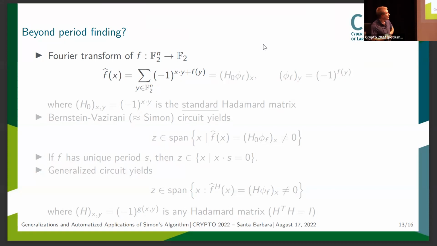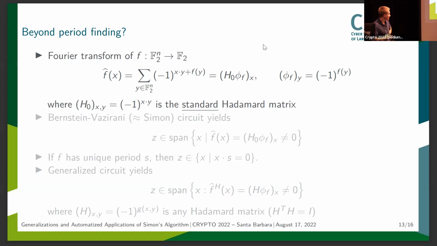And we can rewrite this as the matrix product of H, the standard Hadamard matrix, whose entry at xy is (-1) to the inner product of x and y. We multiply this with the vector where we take (-1) to the value of the function at this point.